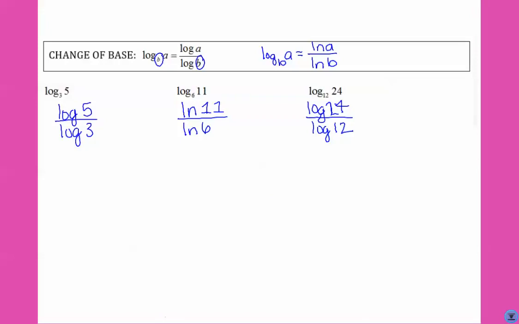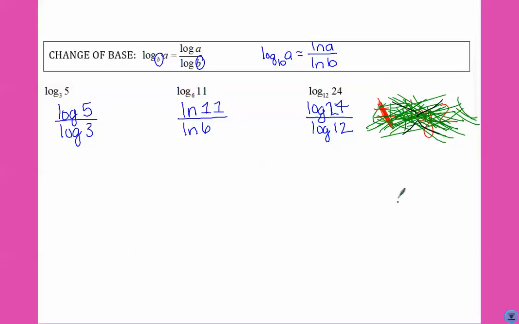Now, this is very, very important. This does not, I repeat, does not equal log of 2. You cannot do that. That's against the rules. Do not do this. There will be somebody on the quiz next week that does this. Don't do this.